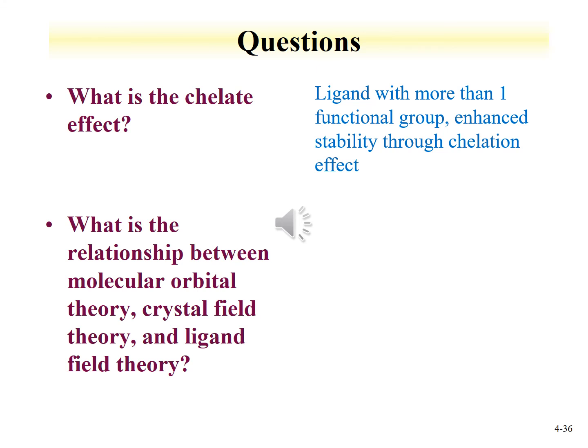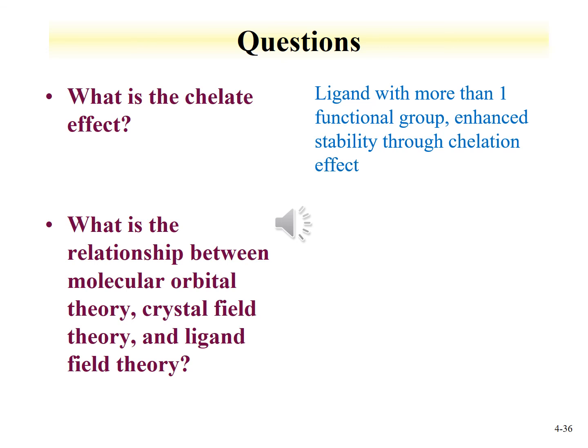So for instance, if you compared a ligand that had two hydroxyl groups versus two separate hydroxyl groups, the chelate would have higher stability due to the fact that it's one molecule containing both those groups. And a lot of that's driven by the binding effect of the ligand on the metal center.